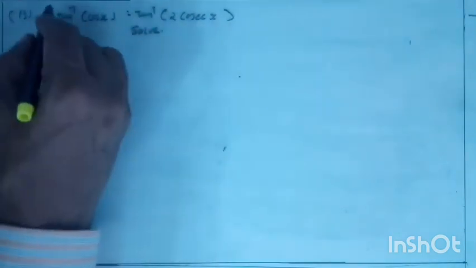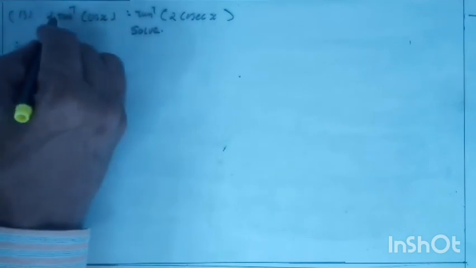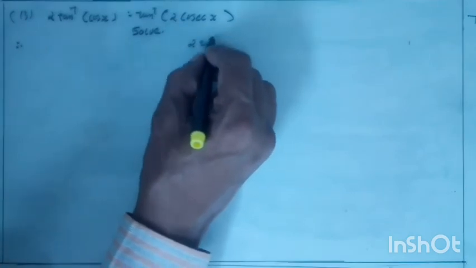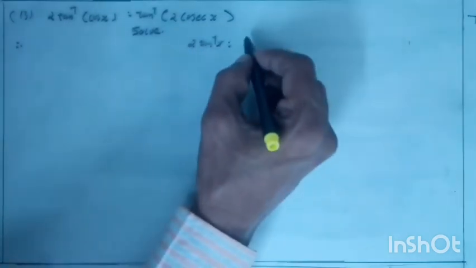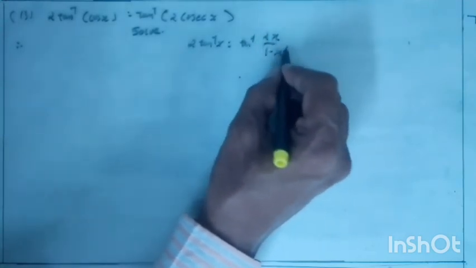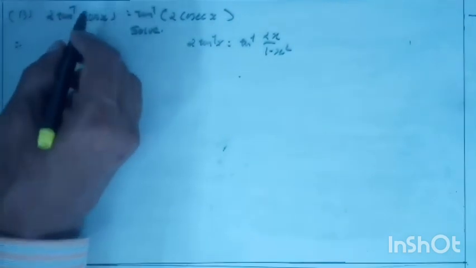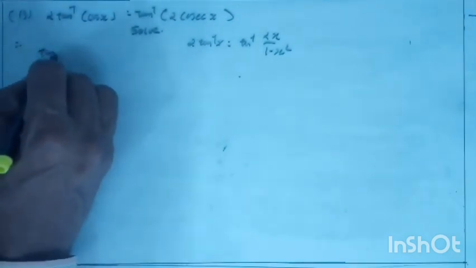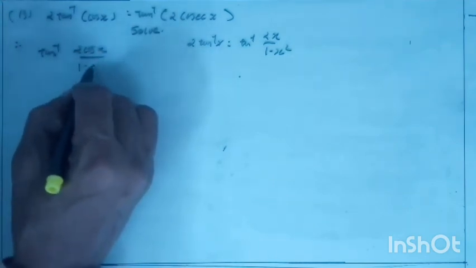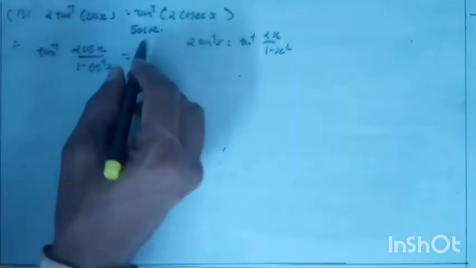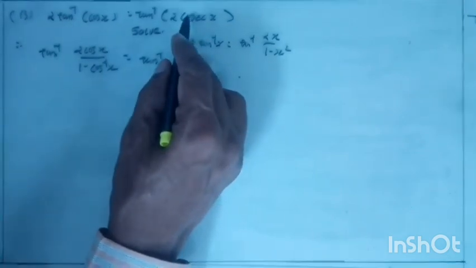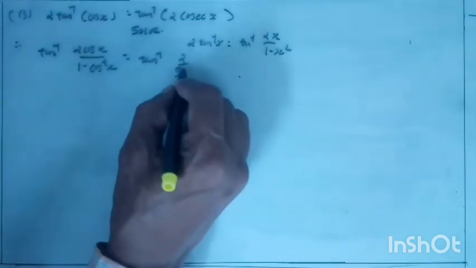Here we apply, for these terms 2 tan inverse cos x, the 2 tan inverse x formula. 2 tan inverse x is equal to tan inverse 2x upon 1 minus x square. So 2 tan inverse cos x is equal to tan inverse 2 cos x upon 1 minus cos square x, which is equal to tan inverse 2 cosec x, where cosec x is 1 upon sin x.